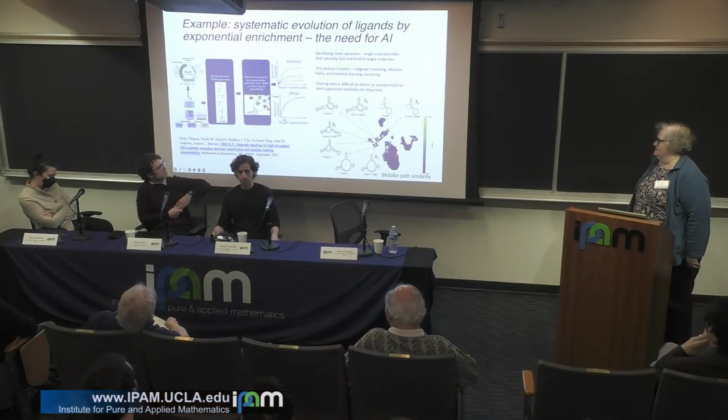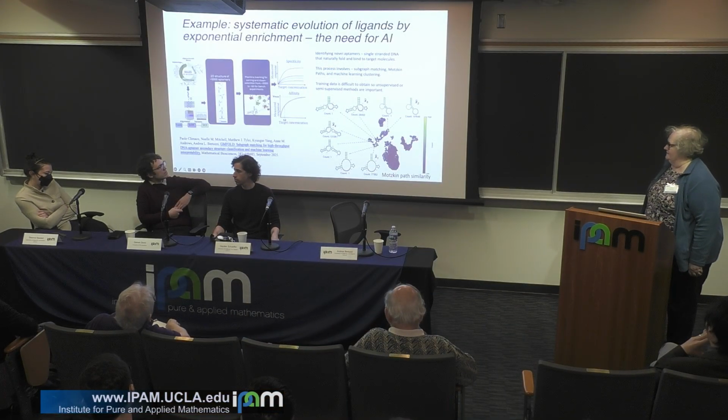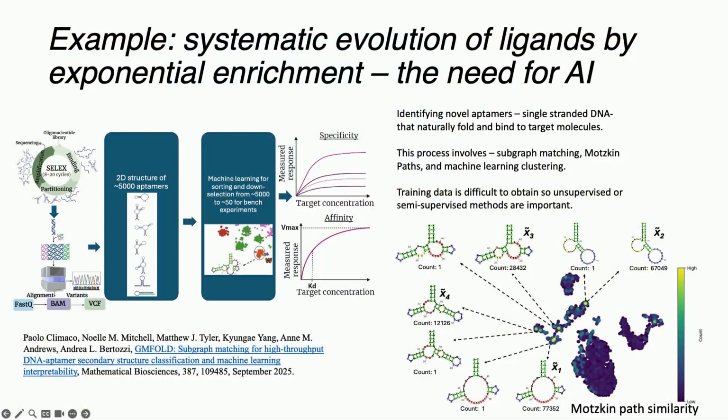One creates a soup of random sequences, like billions of these things, and then over an iterative process of testing them against a target, seeing what sticks, running PCR amplification on that information, and then redoing the whole experiment over again about 20 times, one down selects from about 1 billion random sequences to maybe 5,000.